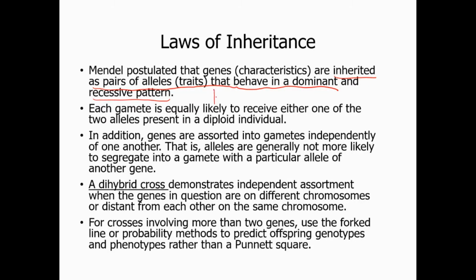So basically, you inherit two chromosomes, one from the father, one from the mother, and there are pairs of alleles on that pair of chromosomes. So these two alleles, what you inherit from your father and your mother, control what characteristics you are going to have. Each gamete is equally likely to receive either one of the two alleles present in a diploid individual.